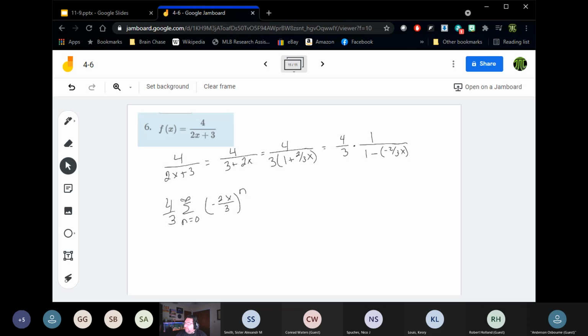So I pulled out the 4/3 in front, and then I have 1 over 1 minus negative 2/3 x. So then my power series is 4/3 times the summation of n goes from 0 to infinity of negative 2x over 3 to the nth power.